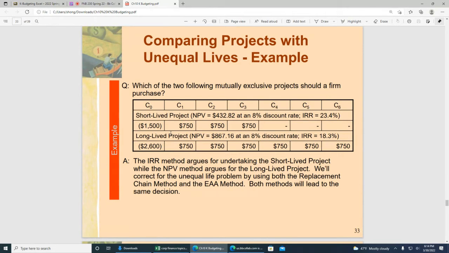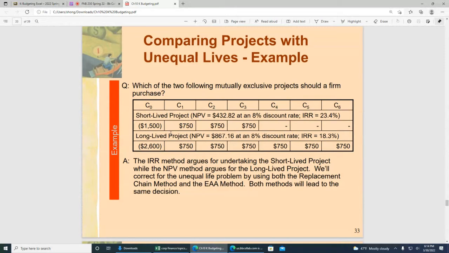The IRR method argues for undertaking the short-lived project, with the higher IRR. The NPV method argues for the longer-lived project. But then we'll have to correct for the unequal life using the replacement chain method. Okay, first, the replacement chain method.